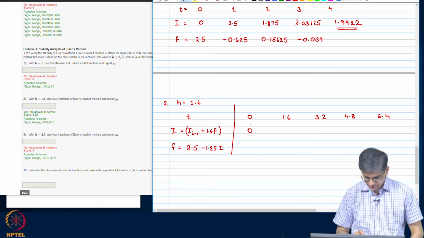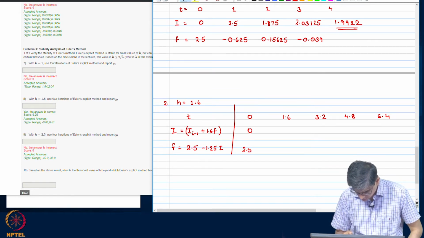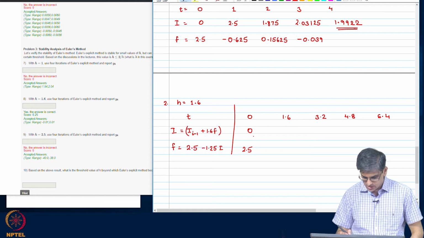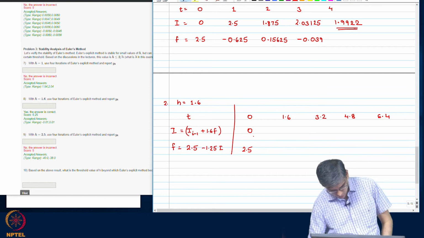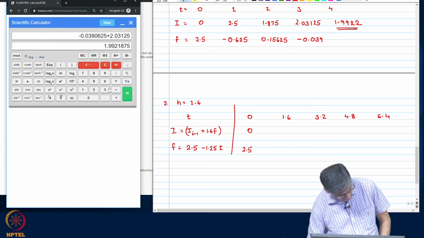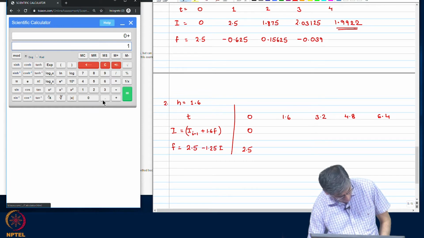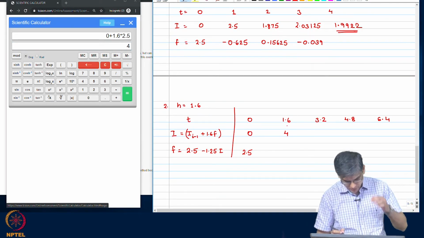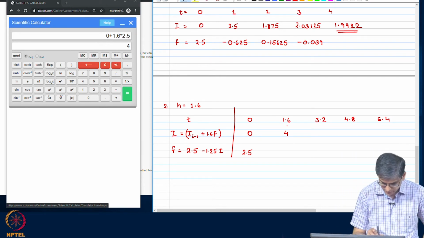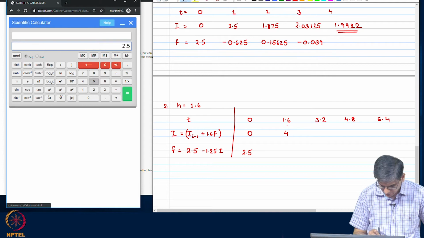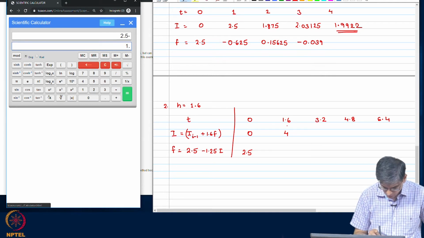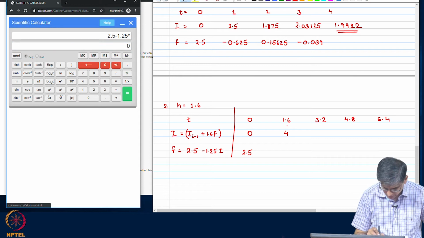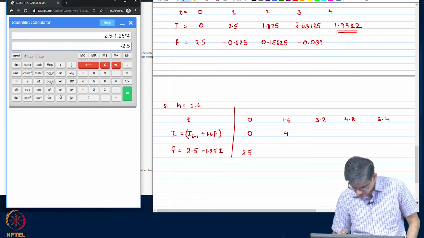F is 2.5 minus 0, which is 2.5. I is going to be 0 plus 1.6 into 2.5, which is equal to 4. F is going to be 2.5 minus 1.25 into 4, which is equal to minus 2.5.